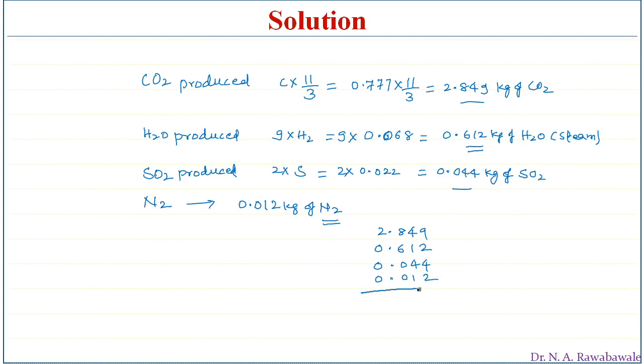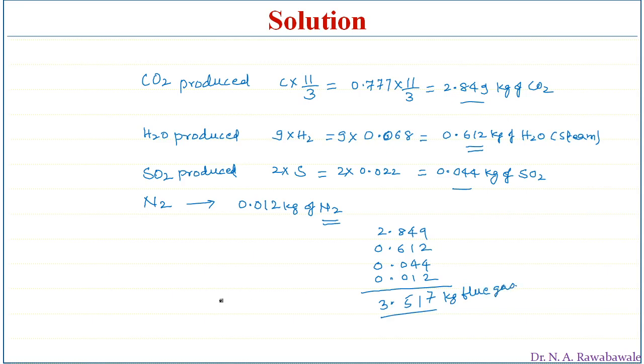So adding together, the total mass of gas produced is 3.517 kg of flue gas.